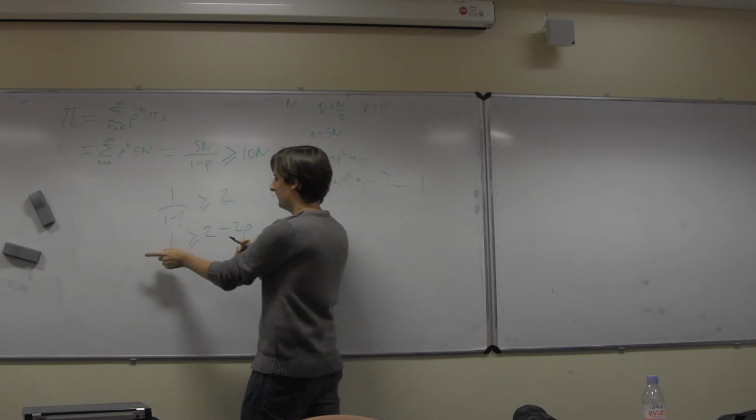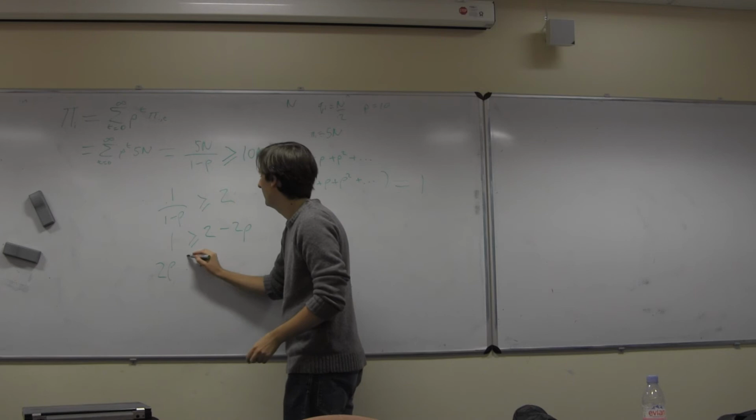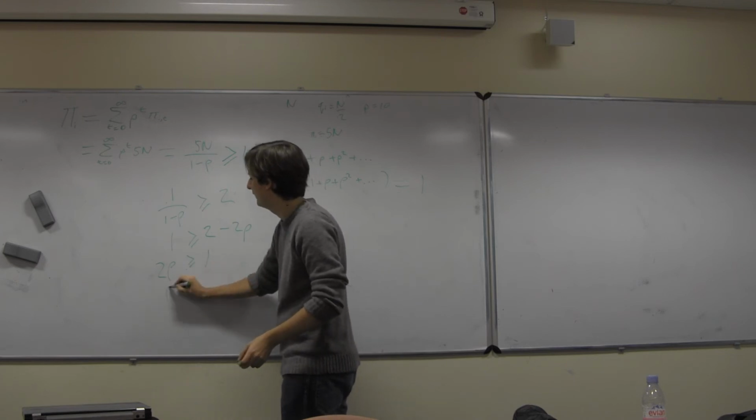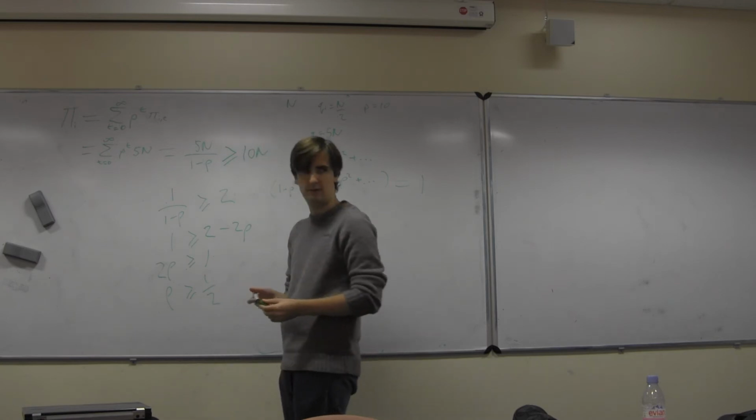We add 2 rho to both sides, we subtract 1 from both sides, we get 2 rho has to be bigger or equal to 1, so rho has to be bigger or equal to 1/2.